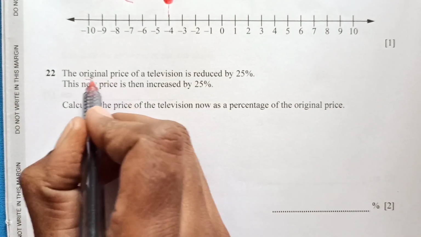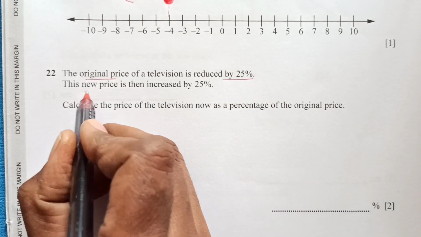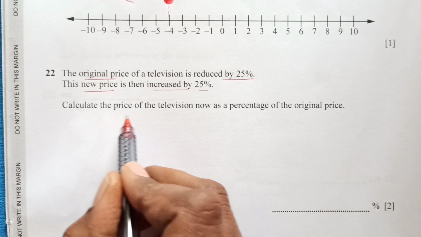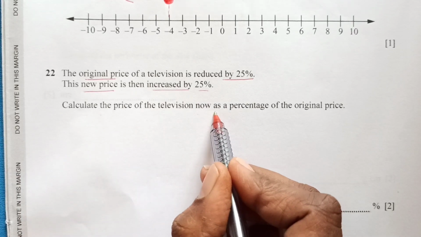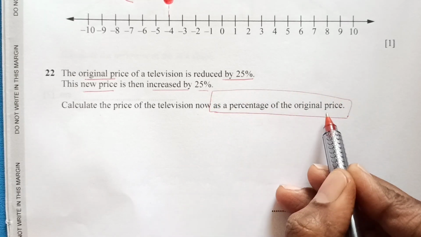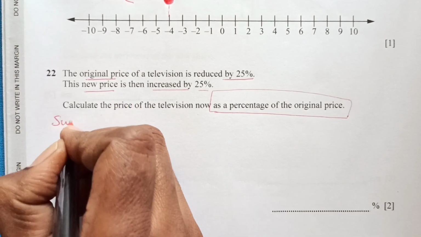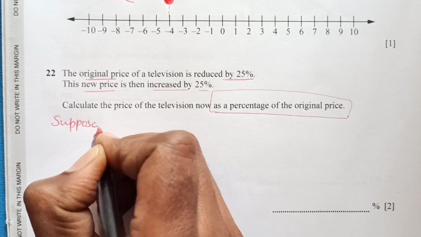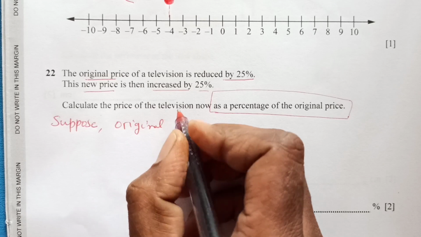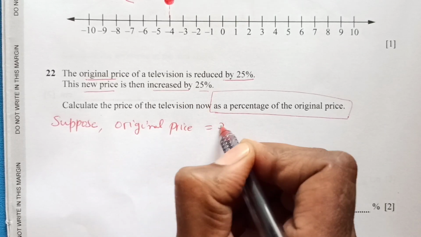So now question number 22. The original price of a television is reduced by 25%. The new price is then increased by 25%. Calculate the price of the television now as a percentage of the original price. So we have to compare this as a percentage of the original price. Suppose we take the original price as x.